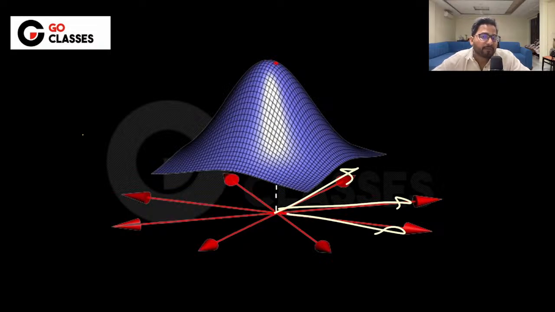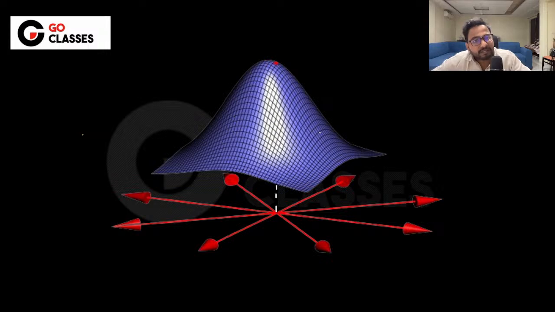Now if I ask you, at this particular point, where to go to increase the function, you will say probably you will go here. So there are many directions, and probably this direction is where the function is increasing. Now this direction is given by grad f(x).